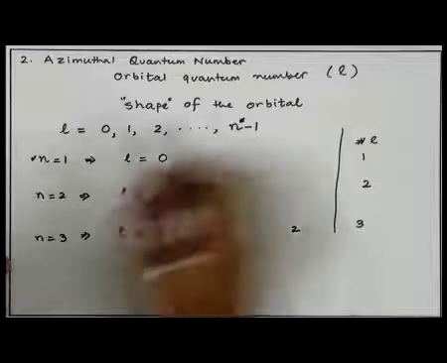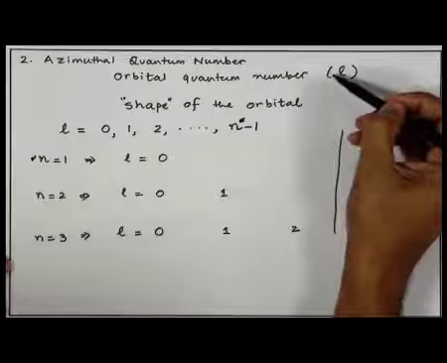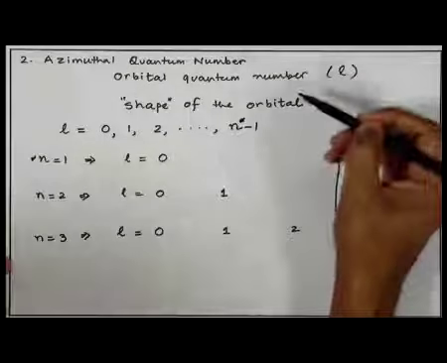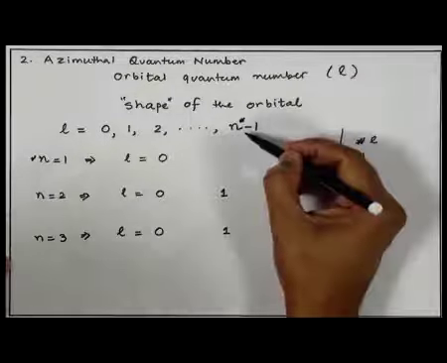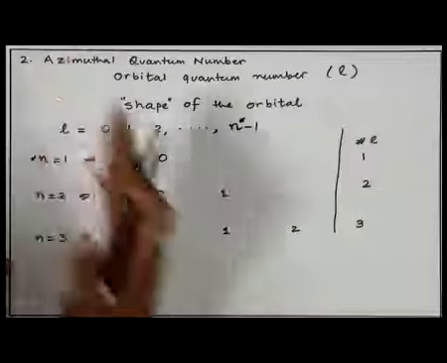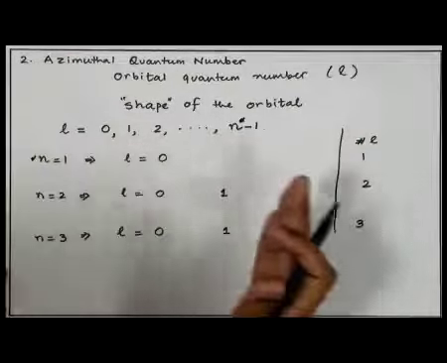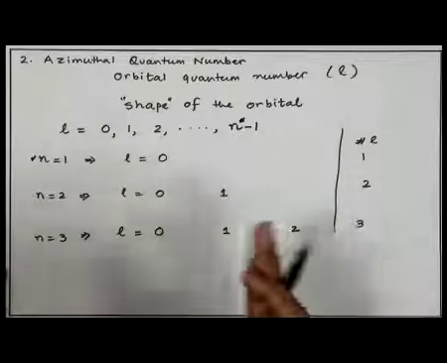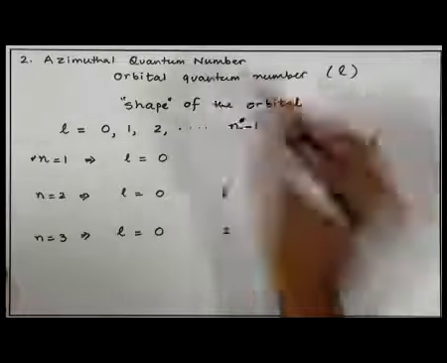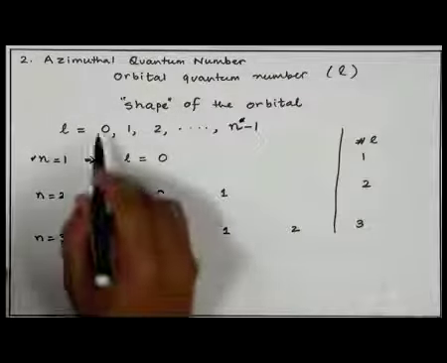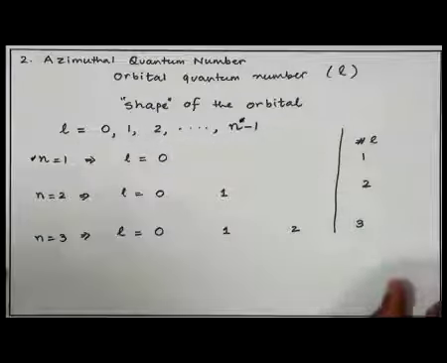So, we saw that the orbital quantum number L is determined by the principal quantum number. The principal quantum number is fixed, and it decides the allowed values of the orbital or azimuthal quantum number, which goes from 0 till n minus 1.